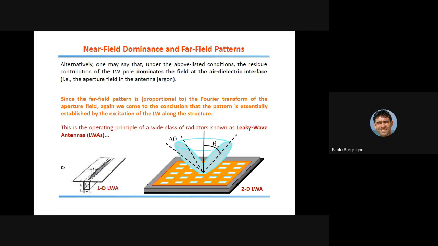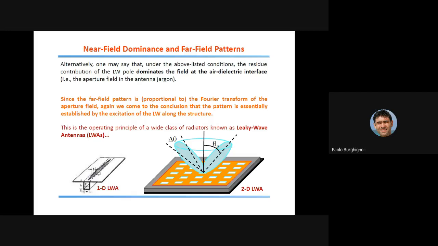Here you can see in the bottom part on the left an example of a one-dimensional leaky wave antenna, which is a slotted rectangular waveguide, which is historically the first example of a leaky wave antenna. This was proposed more or less during the Second World War. The rectangular waveguide, which is a closed waveguide and therefore would not radiate, is made open by introducing progressively a slot.